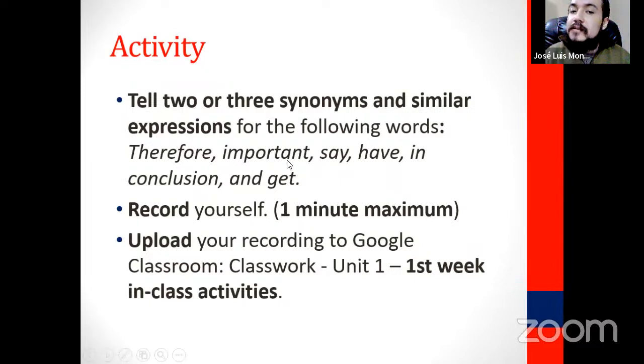For example, if I ask you for alternatives for the word important, what words can you think of? What are some alternatives for important? Important.